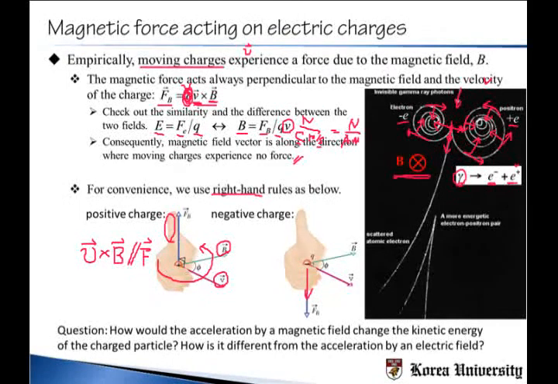Okay. And let me ask you a question here. How does the acceleration by a magnetic field change the kinetic energy of the charged particle, and how is it different from the acceleration by an electric field? You know, in the case of electric field, the force was directly along the direction of the electric field, so there will be an increase in velocity, which means that there will be an increase in kinetic energy, or decrease depending on the direction.